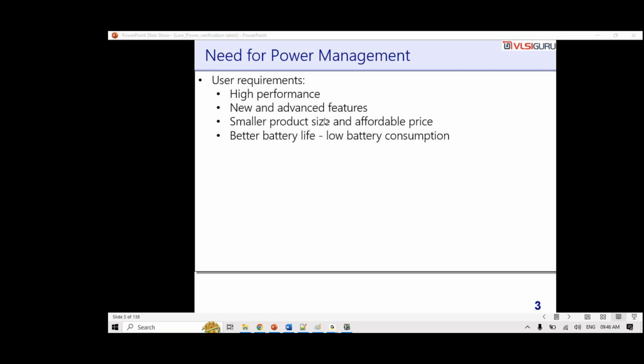And as you go for smaller product size, what happens? Per square millimeter, the power consumption increases. One more thing is, to reduce the product size, you are moving to lower technology nodes like 5 nanometer, 3 nanometer, and below that. As you move to lower technology nodes, you reduce the oxide width.